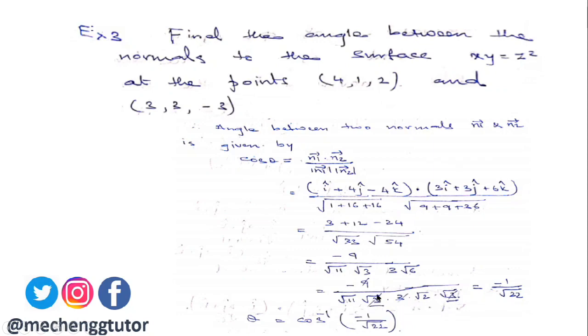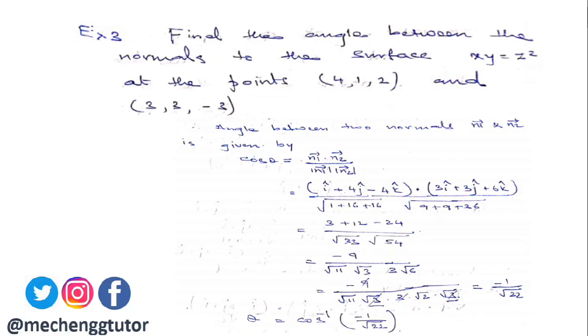Root 3 into root 3 is 3 into 3, 9. So 9 is cancelled with 9. What you get is minus 1 upon root 11 into root 2 is root 22. Therefore, theta is equal to cos inverse of minus 1 upon root 22.